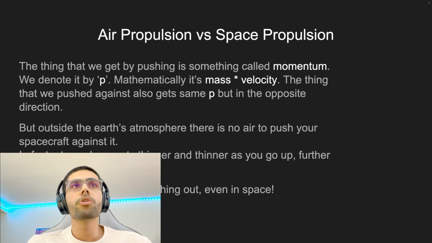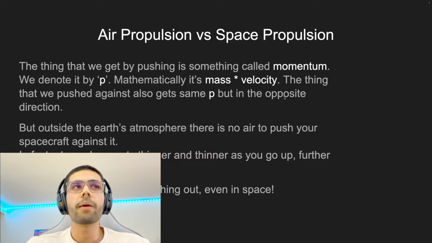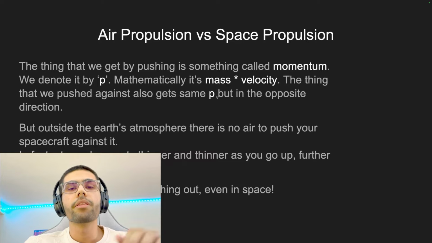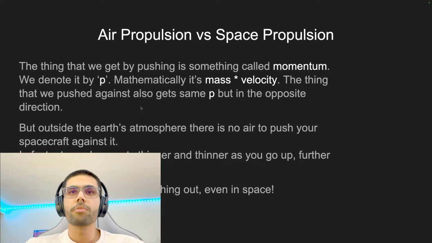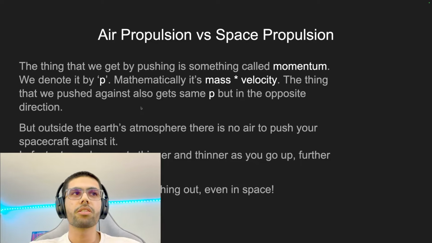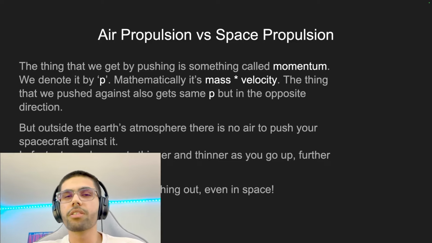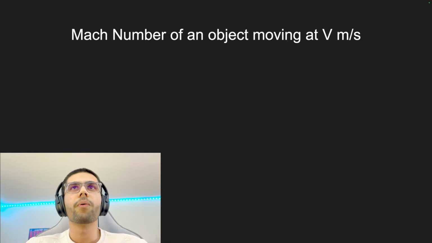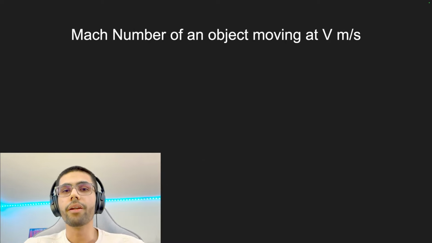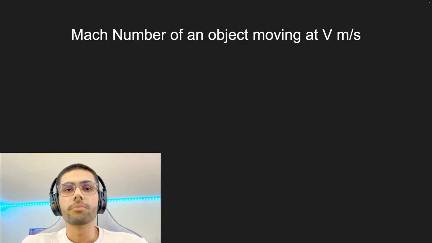And the thing that we push against gets the same momentum, but in the opposite direction. So it's a vector. But outside the Earth's atmosphere, there's no air to push against. So we have to figure something else out, right? Propel in space.